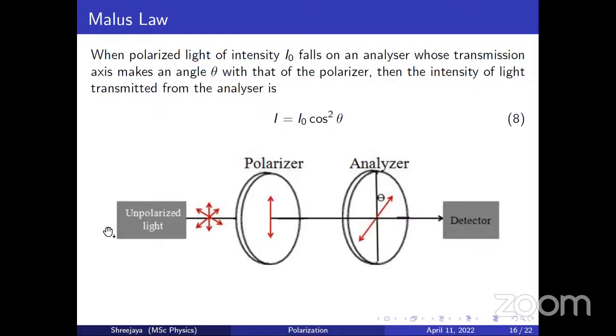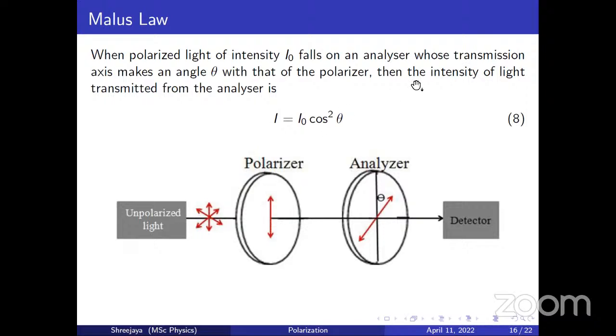In this case, the unpolarized light is incident on the polarizer. It gets polarized, and this goes into an analyzer whose transmission axis, this red line, represents the transmission axis. So this analyzer transmission axis makes an angle theta with respect to the polarizer's transmission axis.